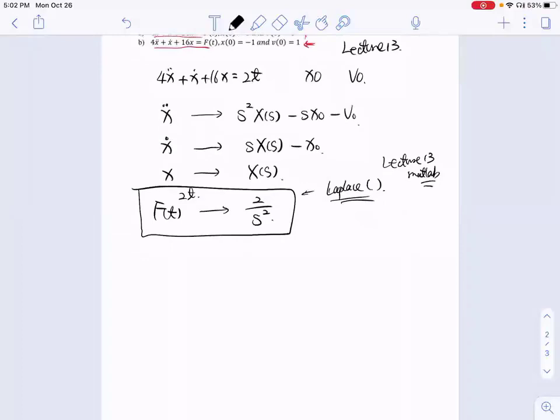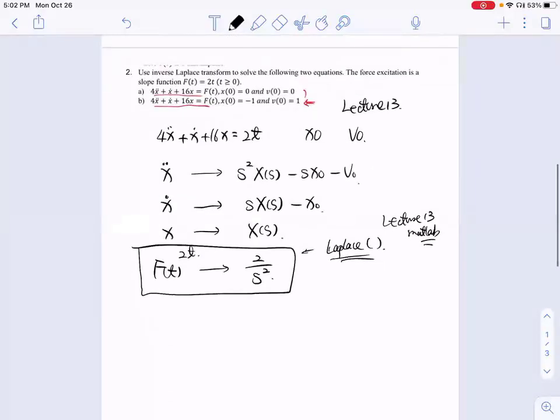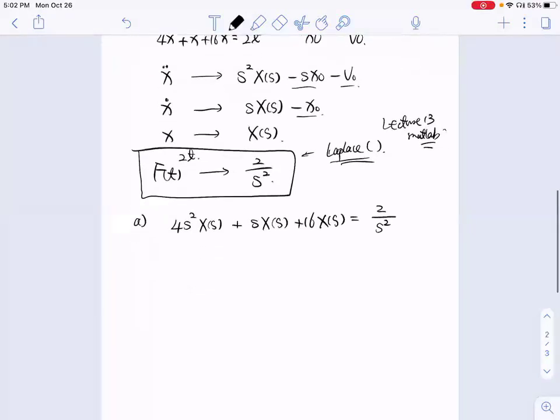All right. So we have everything, and we just need to plug things back in. For the first part, part A, all the initial conditions are 0. That's really nice. You can forget all about the initial condition terms. So let's put things inside. You have 4s squared X(s) plus s X(s) plus 16 X(s) equal to 2 over s squared.